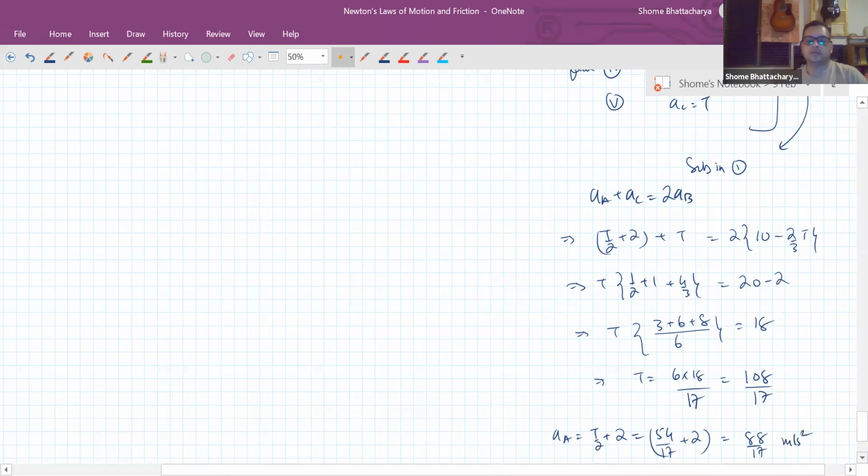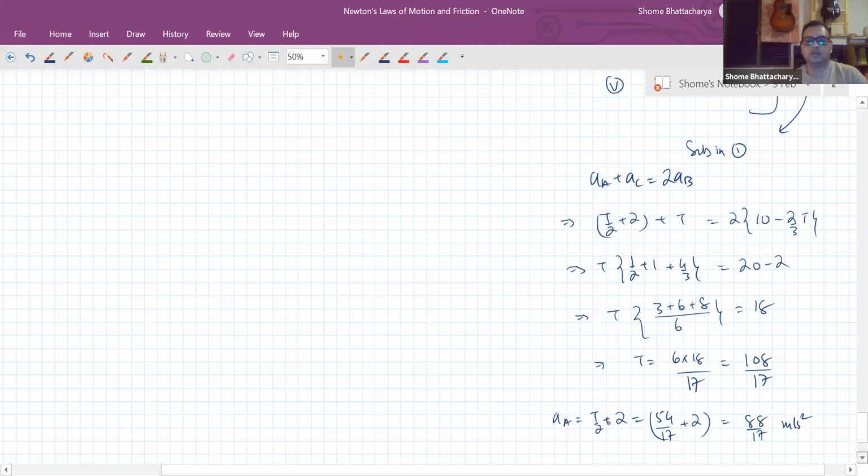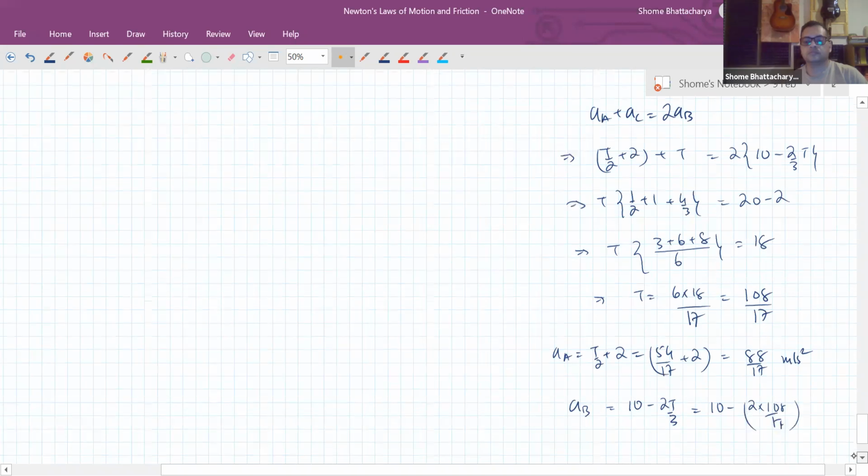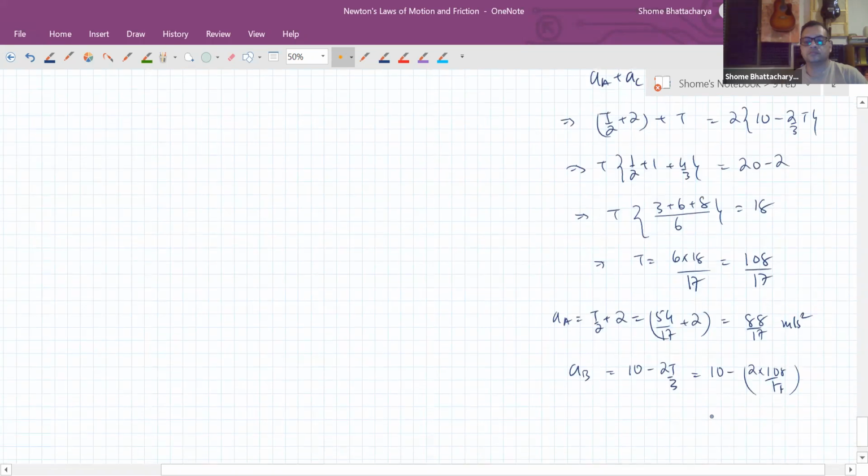Acceleration of B will come out similarly.